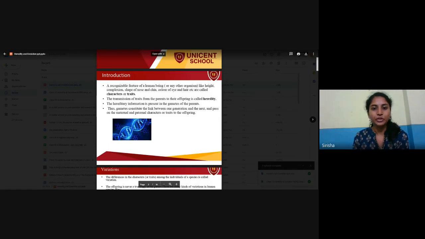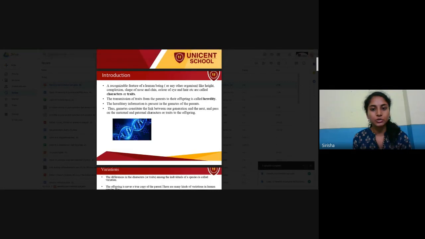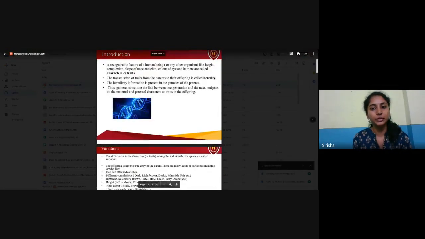The hereditary information is present in the gametes of the parents. Where is it present? It is present in our parents' gametes. Thus, gametes constitute the link between one generation and the next and pass on the maternal and paternal characters or traits to the offspring. What is meant by offspring?